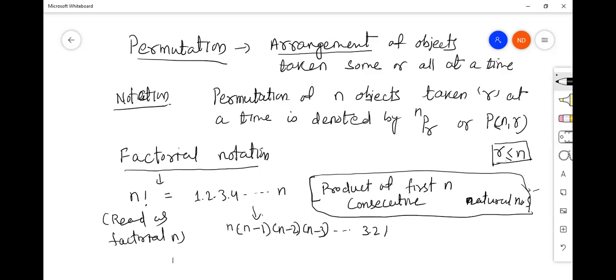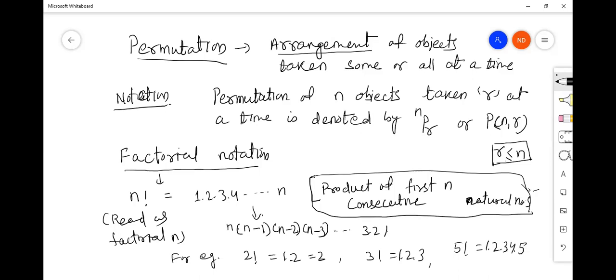For example, 2 factorial means 1 into 2. 3 factorial means 1 into 2 into 3. 5 factorial means 1 into 2 into 3 into 4 into 5.